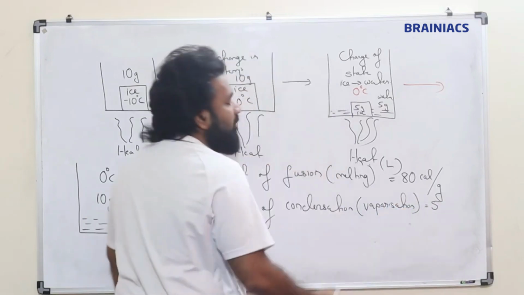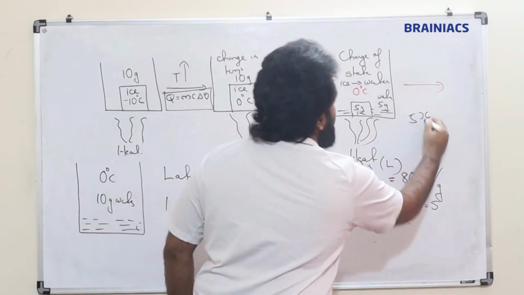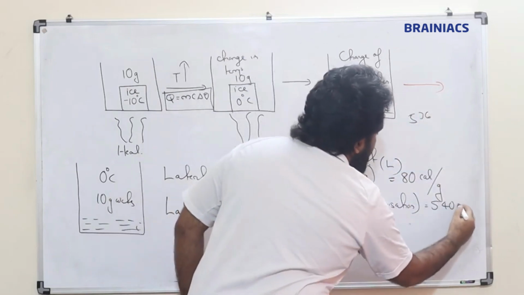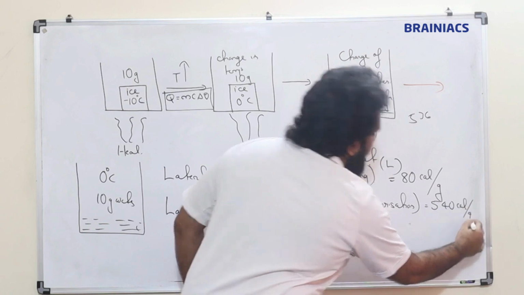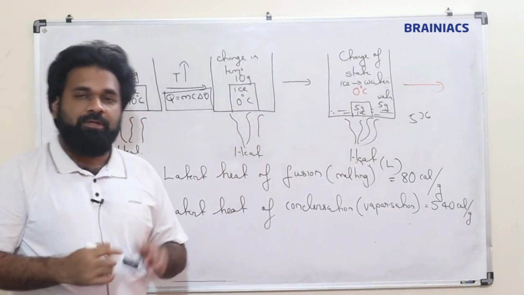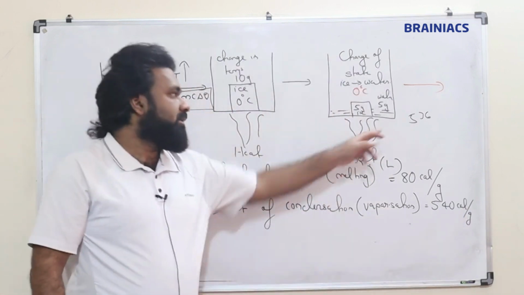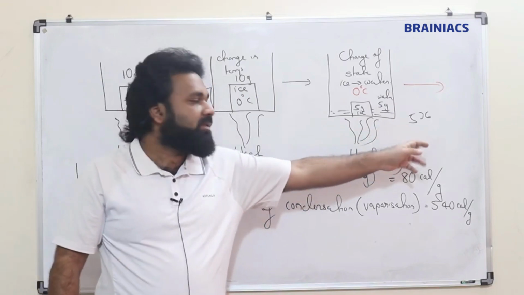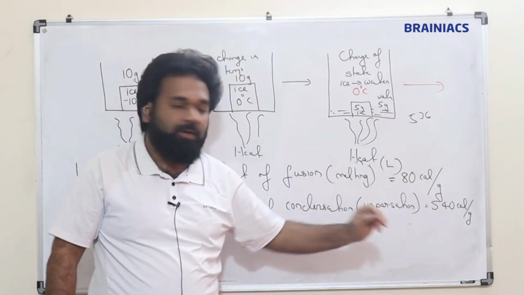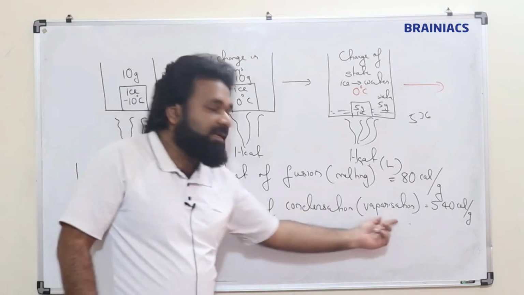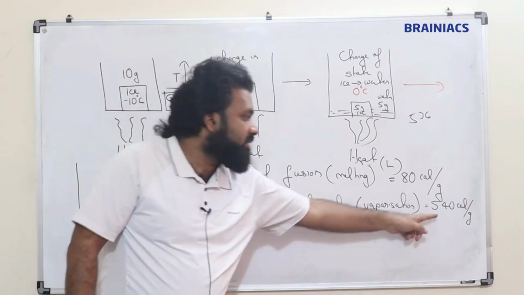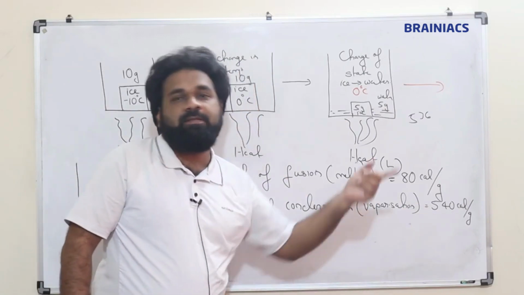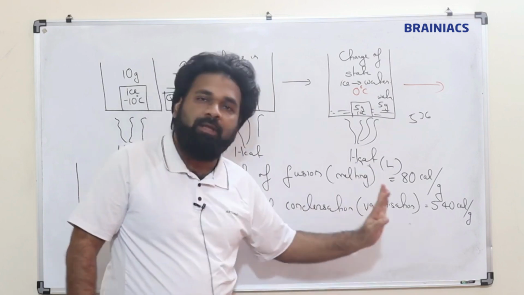The actual value is 536. We are going to use 540 calorie per gram for our calculation easiness, otherwise it will take a lot of time and there are chances for mistakes, so roughly we will be taking 540. Condensation and vaporization are not same, but the value for vaporization and condensation are same. That is why I have given it in the bracket.